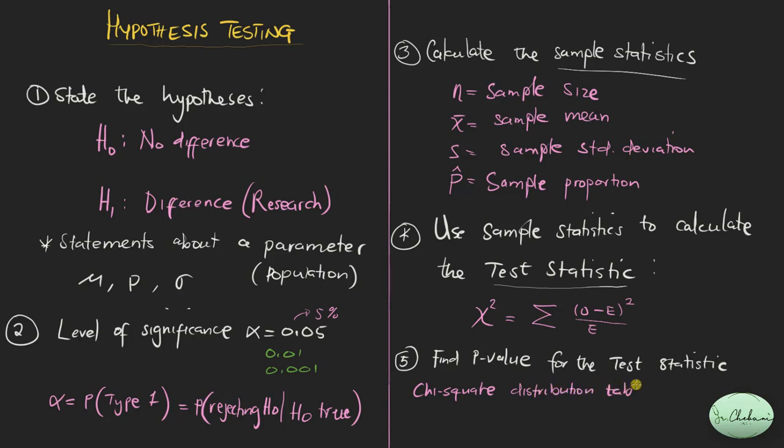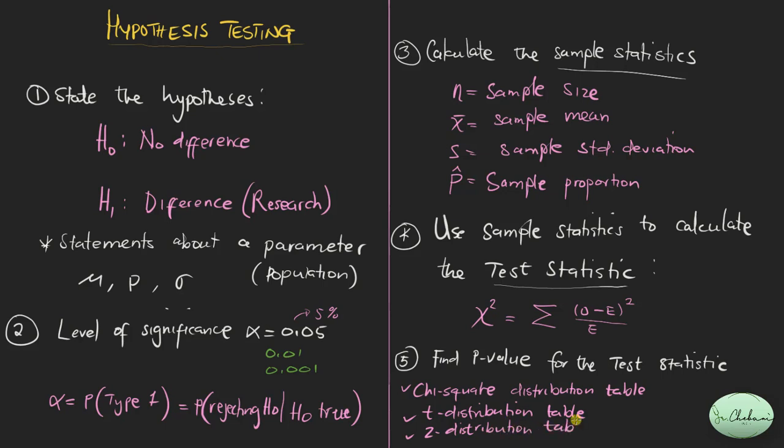Let's suppose you are testing a mean, you would need the t distribution, so you may use the t distribution table. If you are testing, let's say, a proportion, then you would use the z distribution or the standard normal distribution table.